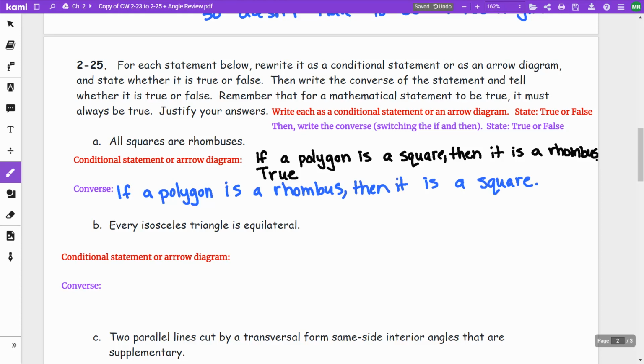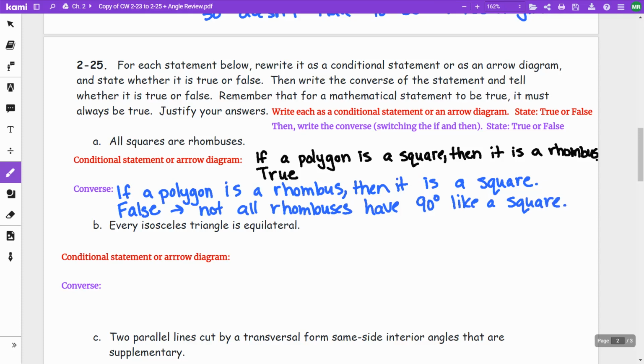Are all rhombuses necessarily squares? This is going to be false. Not all rhombuses have 90-degree angles like a square. They just have to have four equal sides.